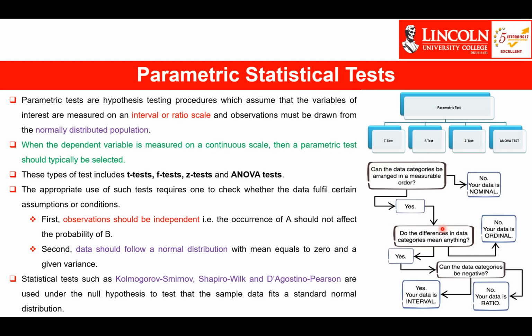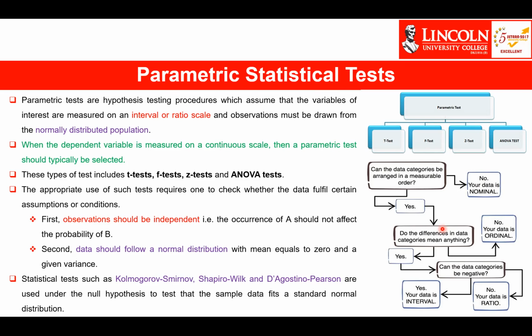Your normality test must not be violated. When the dependent variable is measured on a continuous scale, then a parametric test should typically be selected.